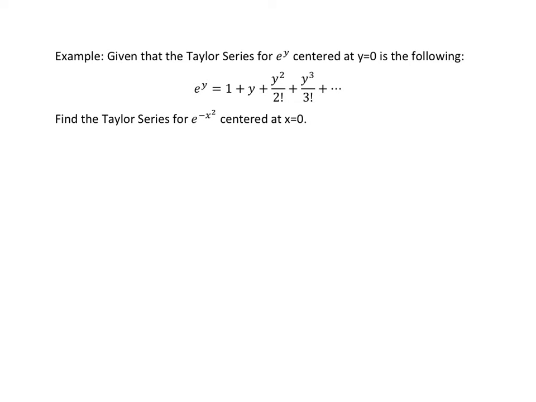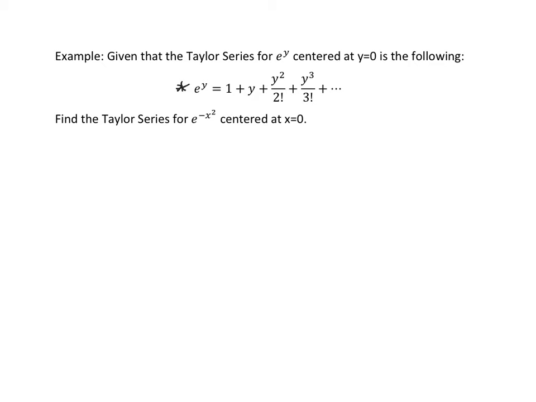Okay, so now we're going to look at a way to quickly come up with some Taylor series of terms that look like they'd be difficult to do, but if we can find something similar that's simple, we can quickly come up with another Taylor series. So if you were to compute the Taylor series of e to the y, it would be 1 plus y plus y squared over 2 factorial plus y cubed over 3 factorial, and so on.